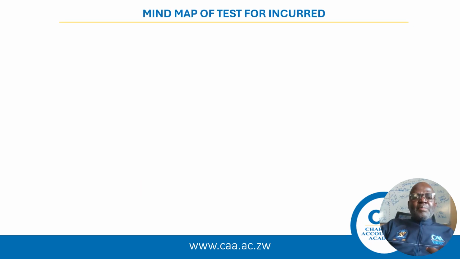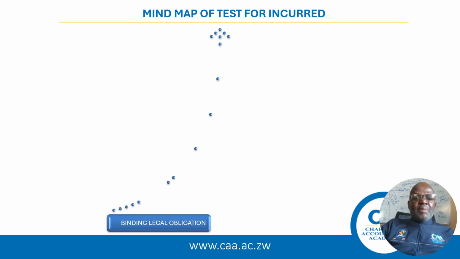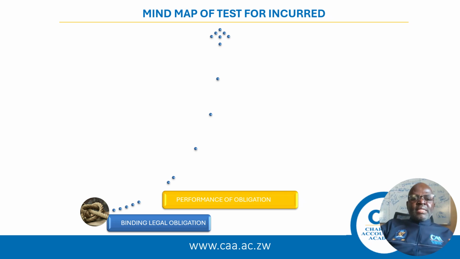So let's do a quick mind map to test whether incurred has happened. The map starts with: do you have a binding legal obligation? Like I said, law of contract, to have an agreement, and is that agreement binding? And then within that agreement, has the performance part been done?